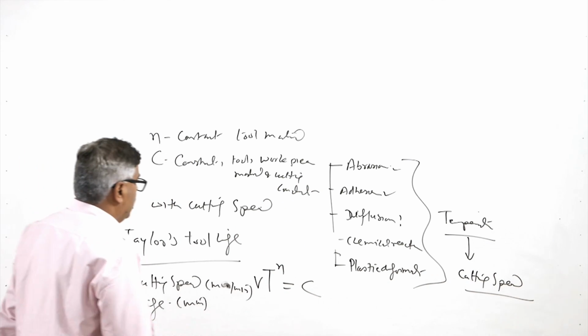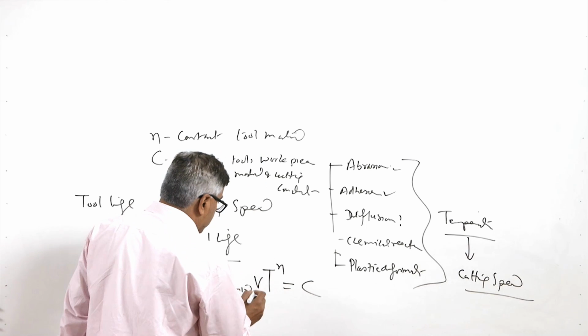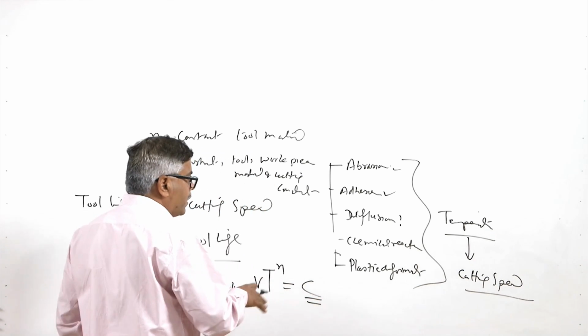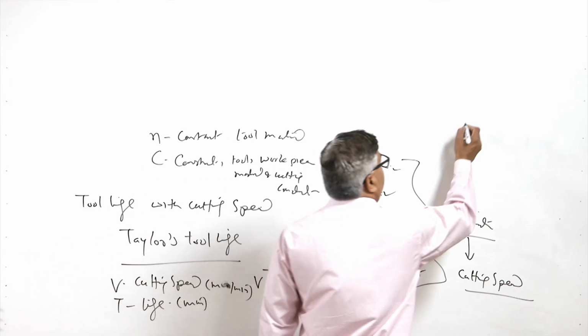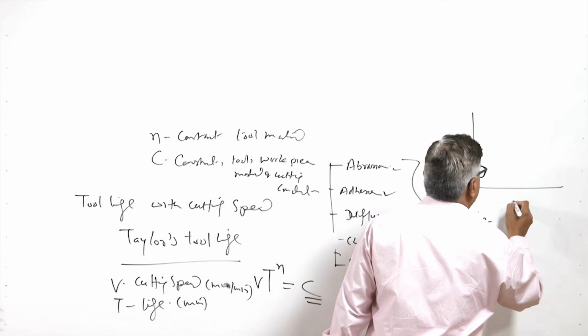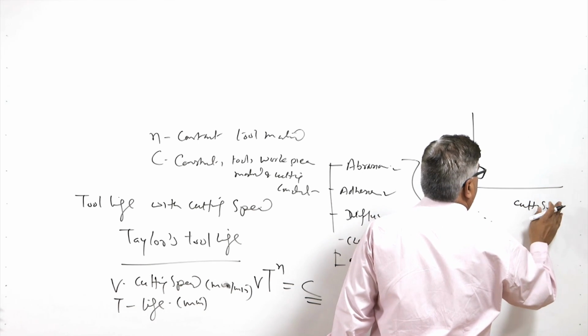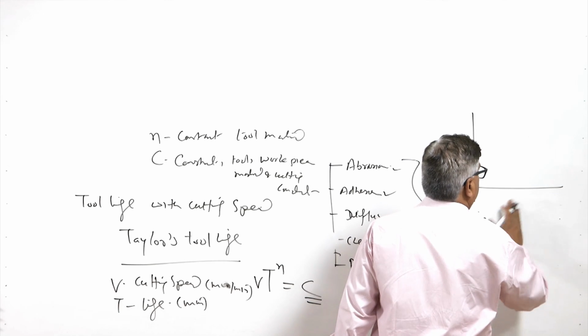If we want to understand the value of C, for this purpose we draw a cutting speed plot.